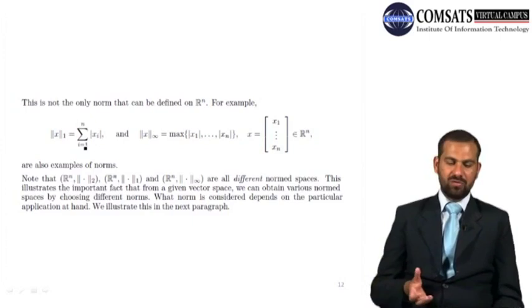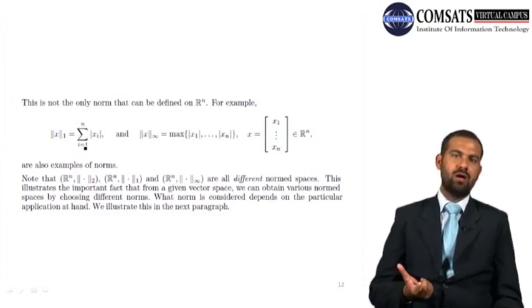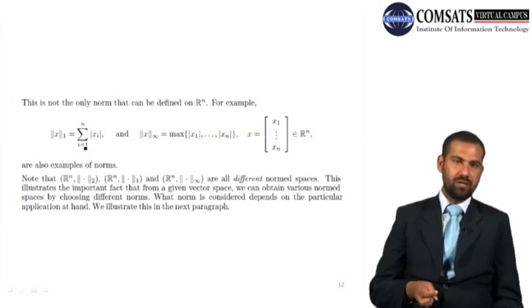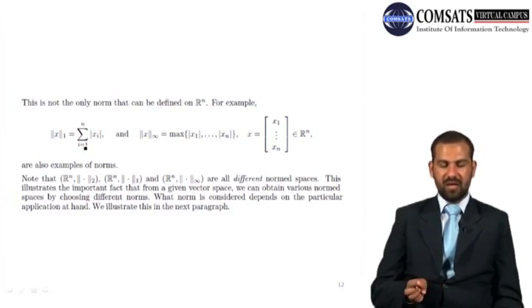So these are also norms because these norms satisfy the conditions N1, N2, N3, which are the important properties of norm spaces. So we say that Rn with norm 2, similarly Rn with norm 1, Rn with norm infinity, these are different norm spaces.